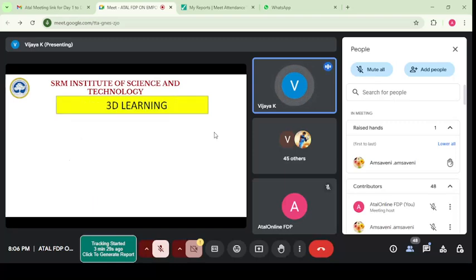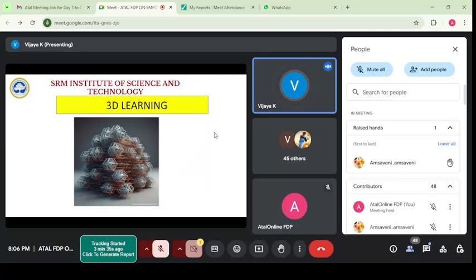Now we have something called 3D learning. When we talk about 3D learning, I thought data structures could be one example, since I'm a computer science oriented person, and I thought the majority of you would be able to understand the context.